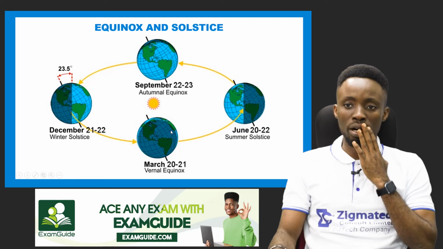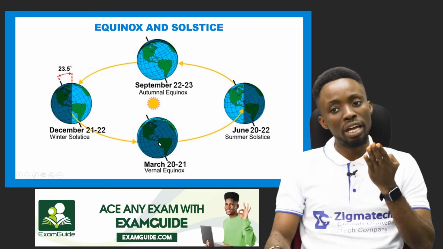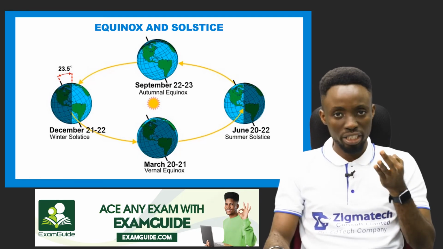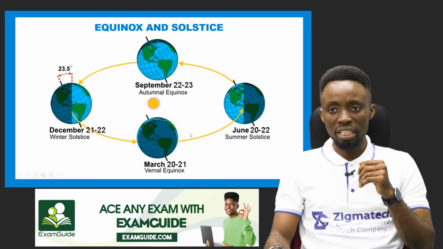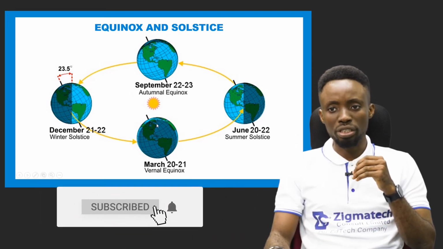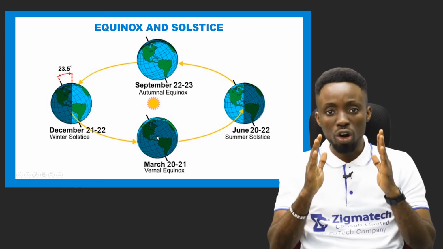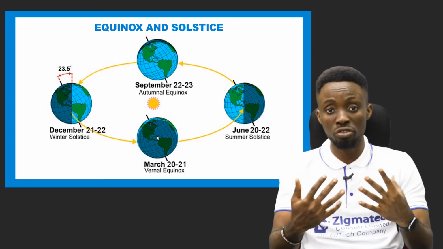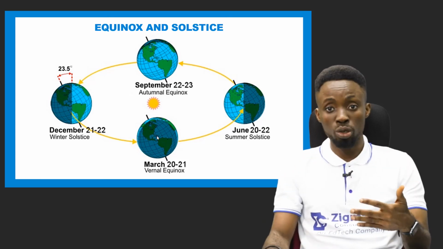So we start with the spring equinox, which is in the month of March, 20th to 21st, and in this period of the year, both the northern and southern hemispheres will have a considerable amount of sunlight. There will be equality in the amount of sunlight received, even at the equator.